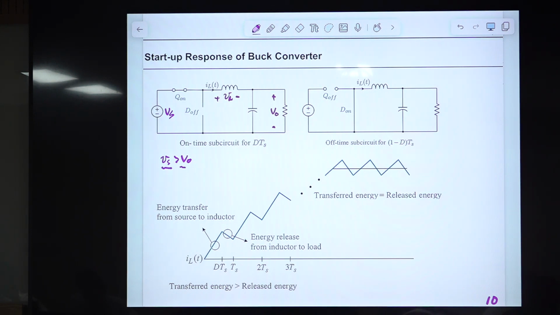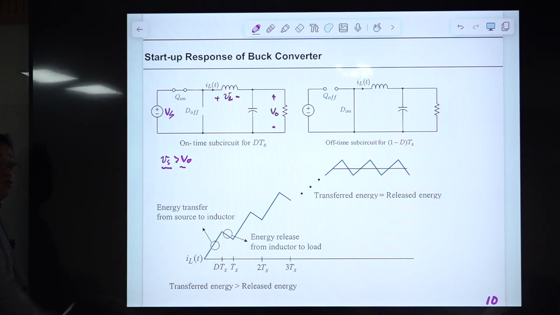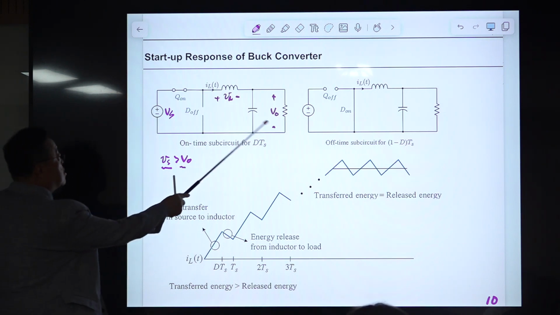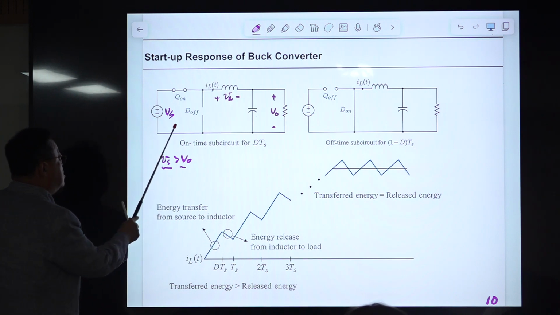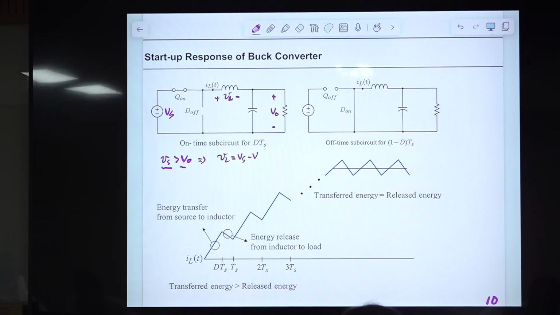So obviously this one is true, and it is true in general, because the output voltage is always lower than this, because the duty ratio is some number less than 1. The output voltage is always smaller than this. So this condition is always valid. That means the voltage across the inductor, VL, which is Vs minus Vo, is always larger than 0.